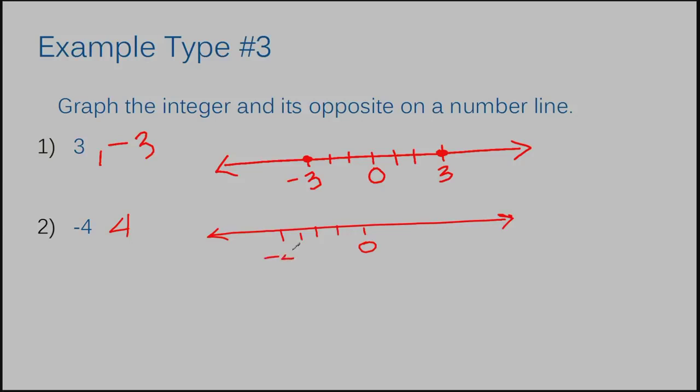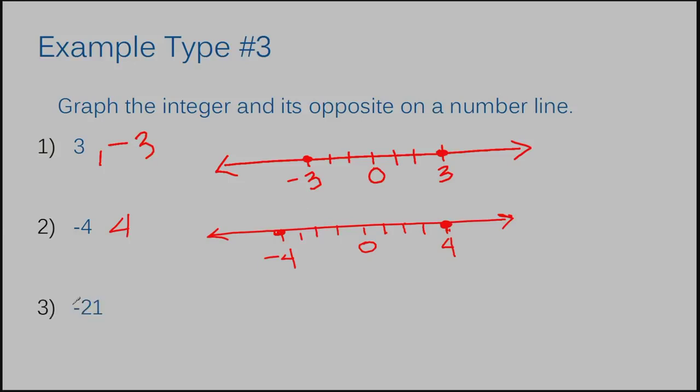I have a -4 here. And my +4 is going to be on the right side. 1, 2, 3, 4. Over here. Draw a dot at each point. And I have graphed -4 and 4.